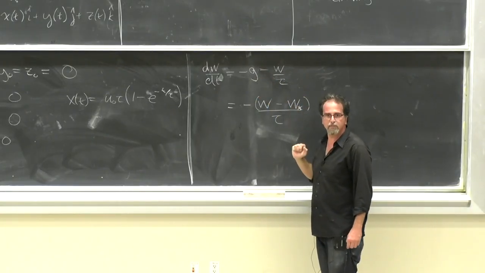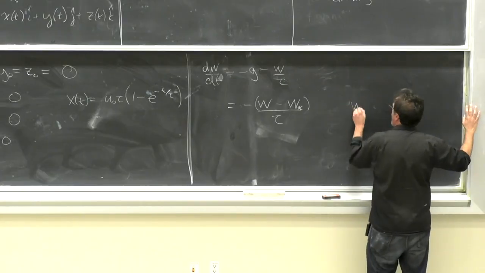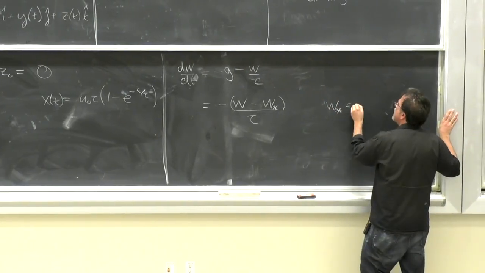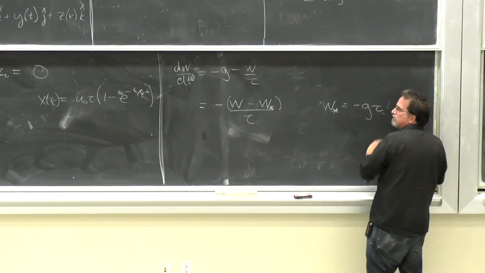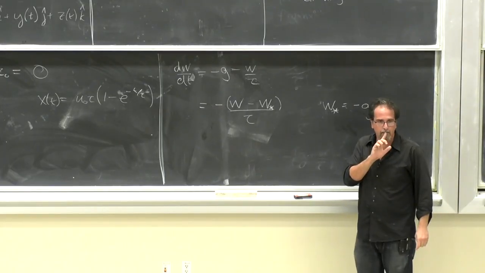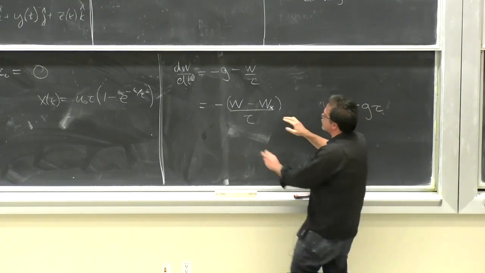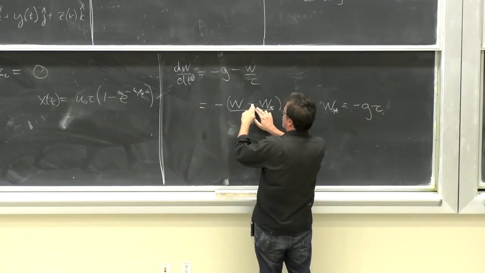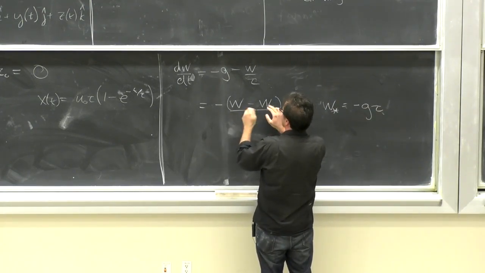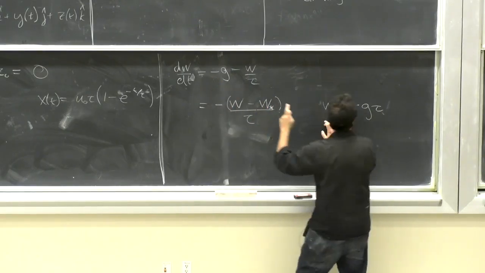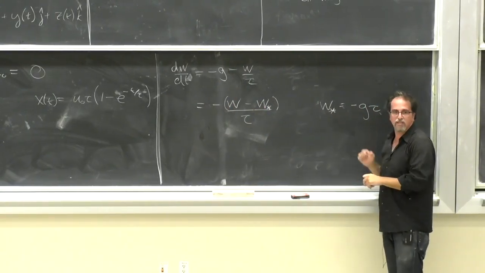What is W asterisk? W asterisk, this special number, is equal to negative g tau. Negative g tau. How did I get that? Well, just distribute this negative. And so what you realize is W star divided by tau is negative g. So W star is negative g tau.